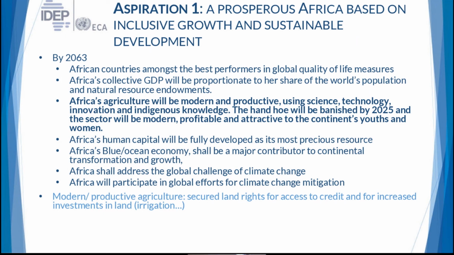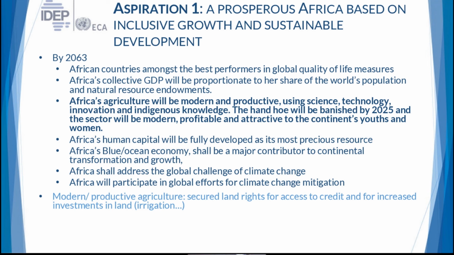Let me comment on aspiration 1, which is about the prosperous Africa based on inclusive growth. I don't want to go again through all the different aspects of this aspiration, but you can see that it is articulating the fact that African countries need to be among the best performers in global quality of life. Africa's collective GDP needs to be proportionate to her share of the world population and others.